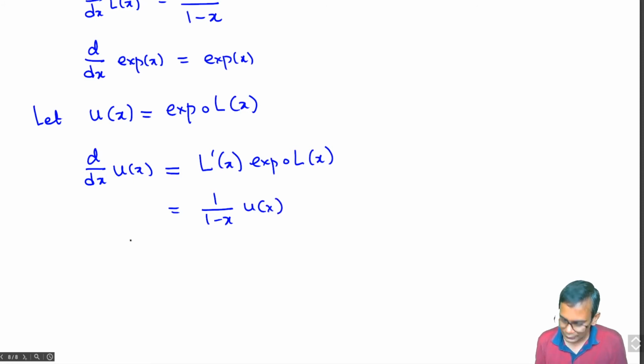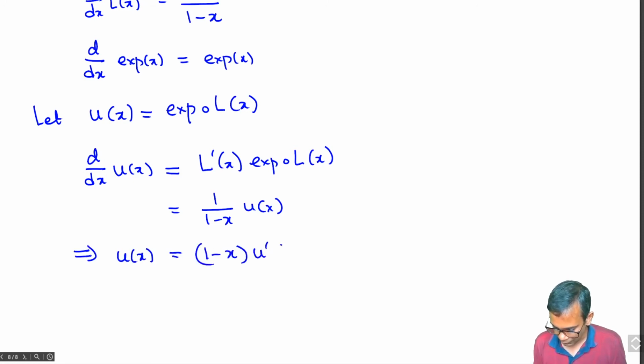So this is a differential equation satisfied by the formal power series u(x). So we have u(x) is equal to (1 minus x) u'(x). Now you just write down the power series expansion.